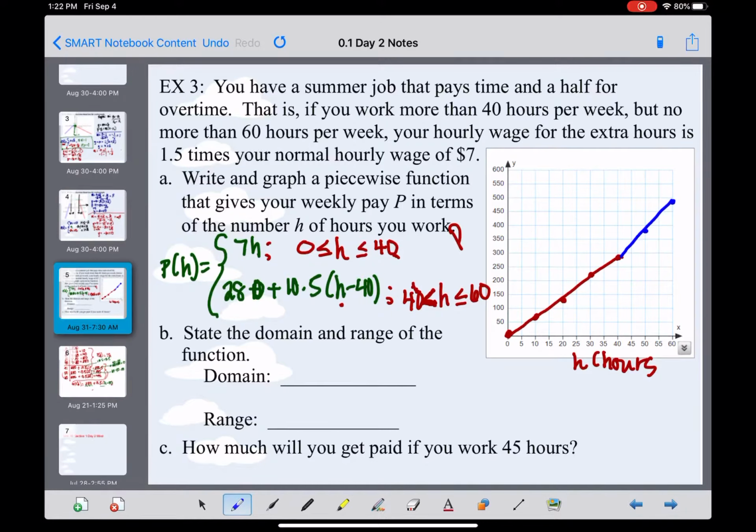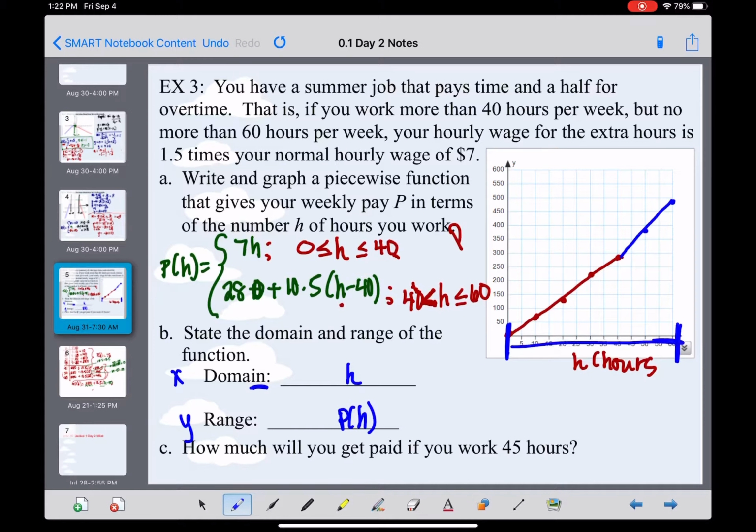Now that we have the graph, it'll be easier to state our domain and range. Domain, remember, is the input, our X values, and range is the Y values. In this case, that's H and P of H. Looking at my X values, I start at 0 and go to 60, and I don't go anywhere else.